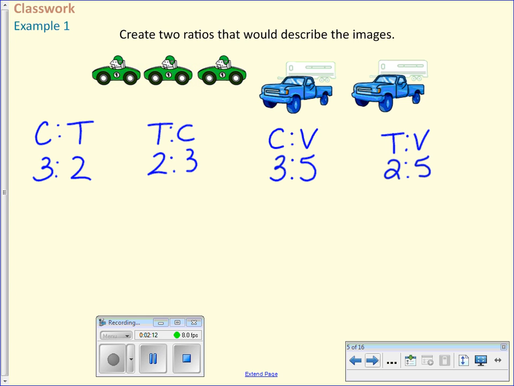2 to 3. How could I describe those two ratios versus these two ratios? What type of ratios are these? What kind of ratios can we say these are? Yeah, these are part to part.